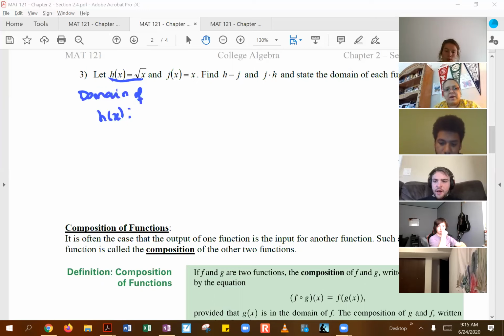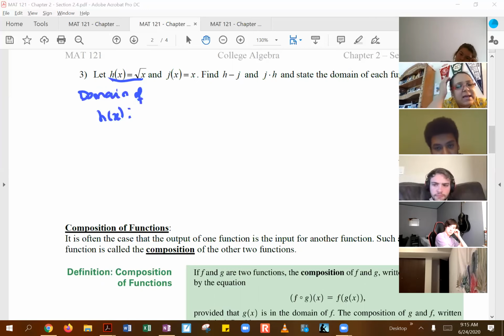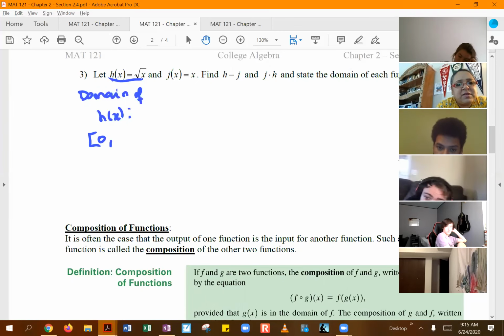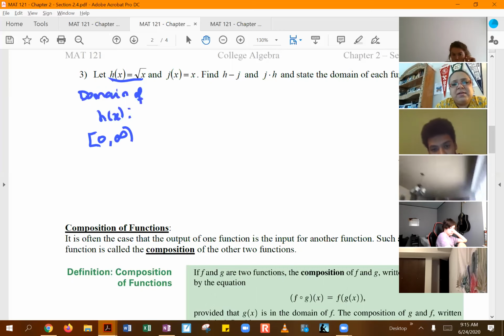Very good, Julian. Yeah, because we cannot use negative numbers inside a square root. So your domain for h of x is going to go from 0 to positive infinity.